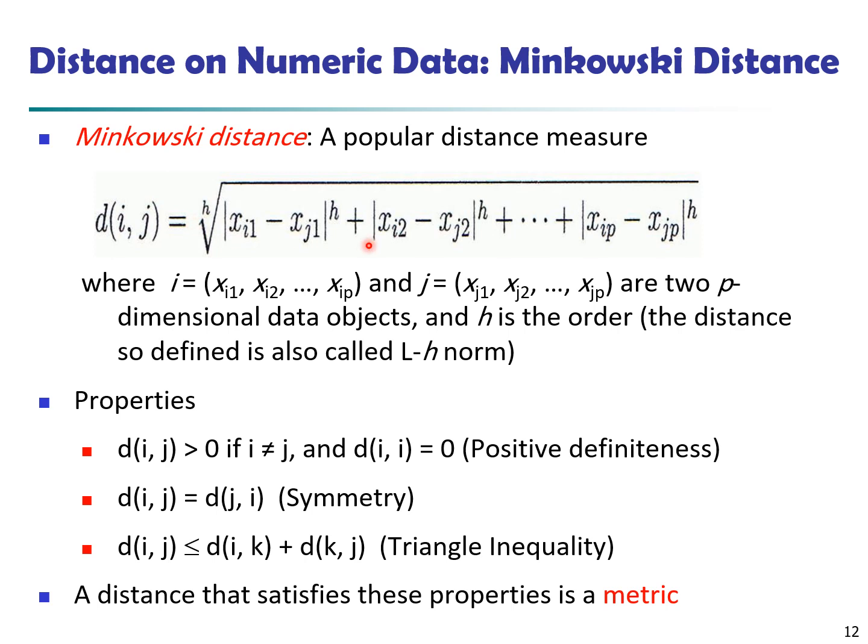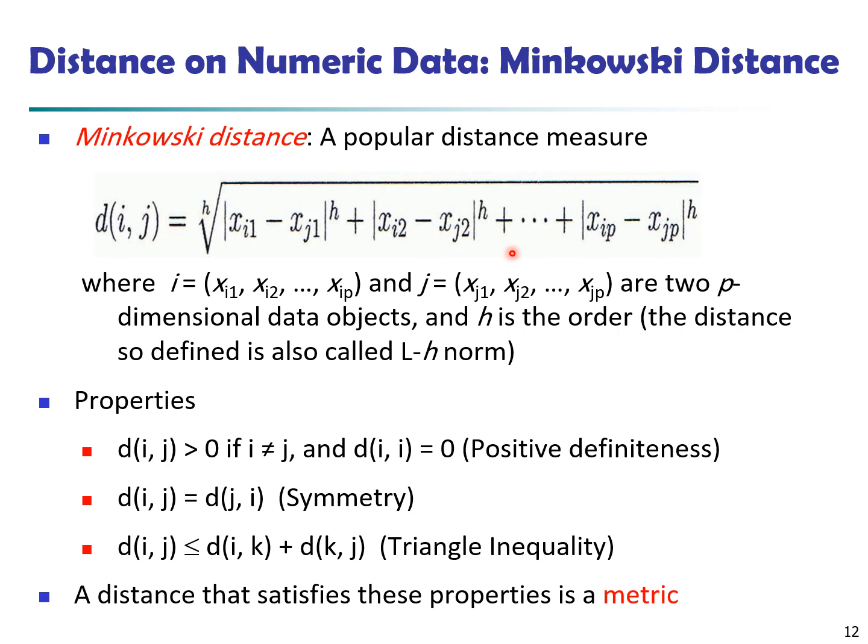So the Euclidean is a special case of the Minkowski distance between two p-dimensional data objects. It is a more general form of calculating distance.